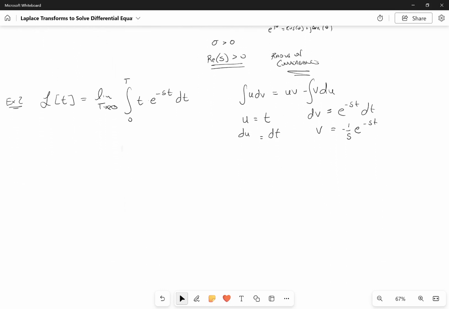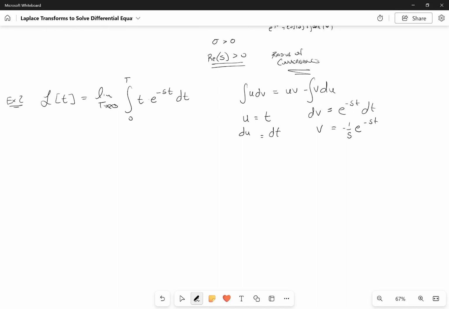So let's go back up here. That means we have the limit as t goes off to infinity, and u dv is going to be replaced by uv, so uv is t times negative 1 over s e to the negative st, from 0 to t, minus the integral from 0 to t of v du, which is now simpler.